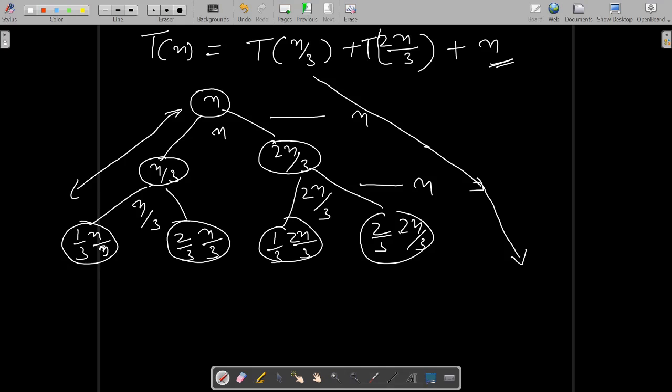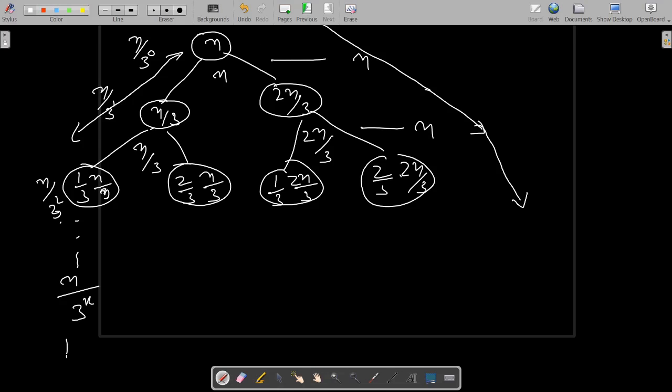Here we can see that the input size is n by 3 to the power 0 at level 0, and n by 3 to the power 1, n by 3 to the power 2, and so on. So at the kth level the input size would be n divided by 3 to the power k. From here we can get the value of k equal to log n base 3.